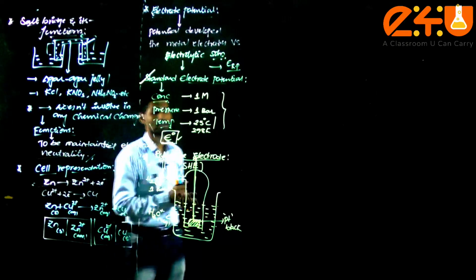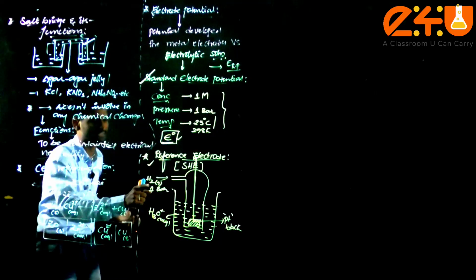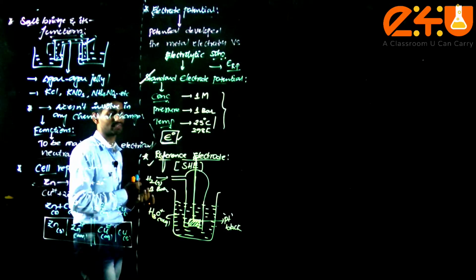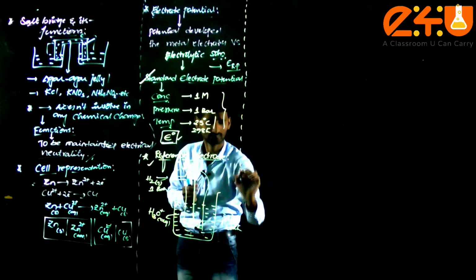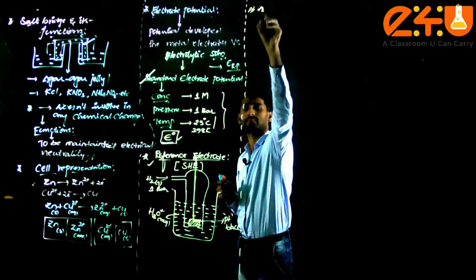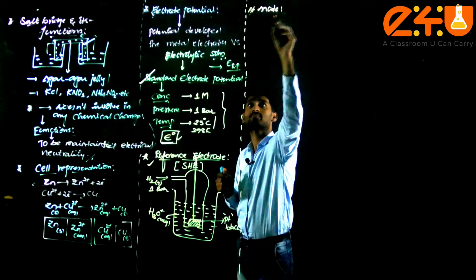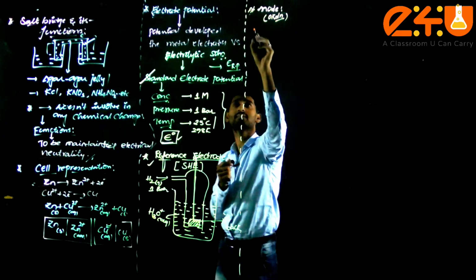Here, at this reference electrode, how the reaction will take place at anode and how the reaction will take place at cathode. Based on this only we have to calculate reduction potential. Take this one at anode. What will take place, dear students? Oxidation. Now how will the oxidation take place?